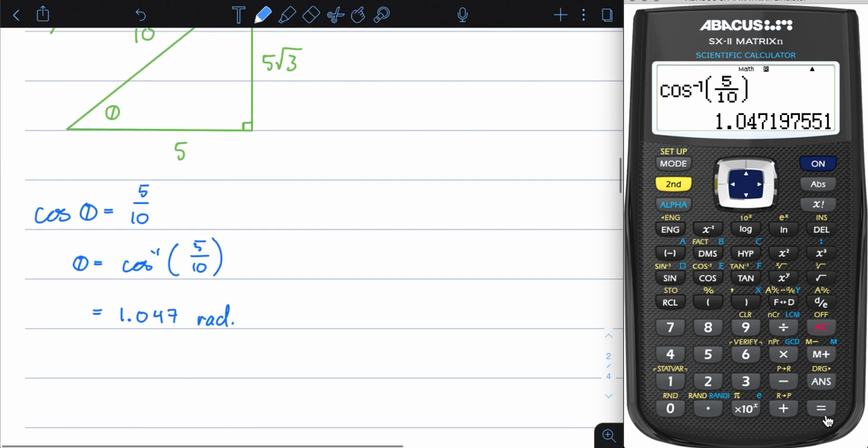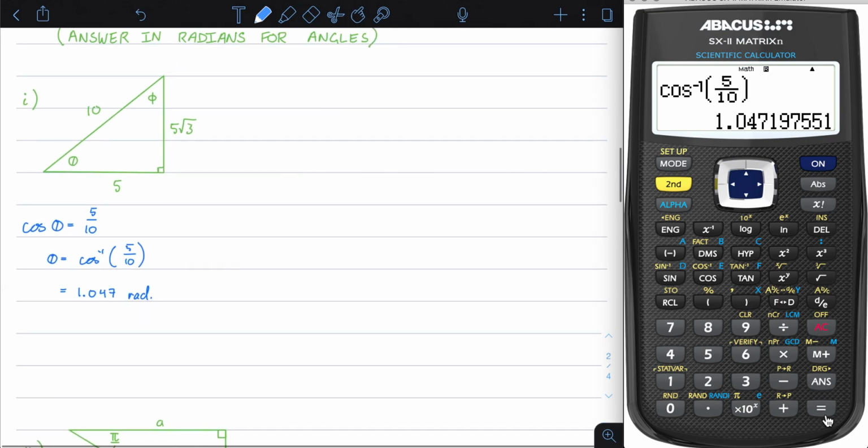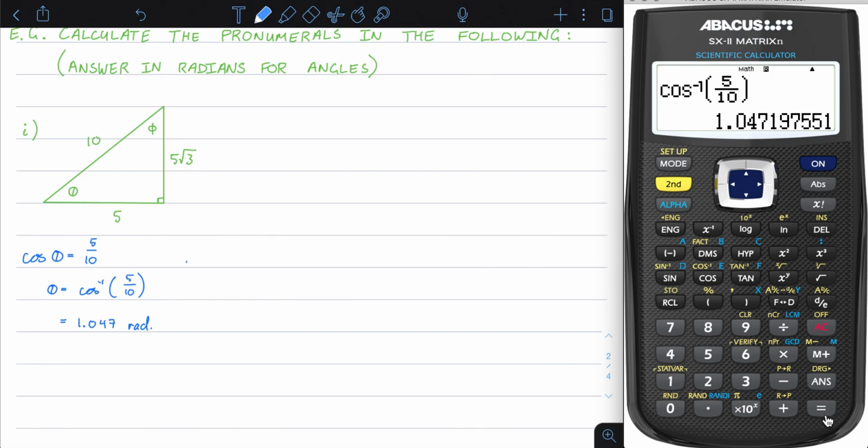Okay, let's do this one more time for phi. Let's solve this for phi. We can use any trig ratio that we want. For this, I'll just utilize tan. Tan of phi is equal to 5 on 5 root 3.